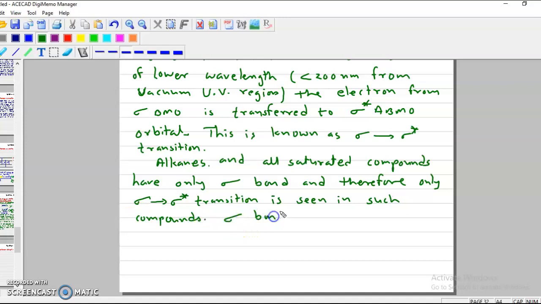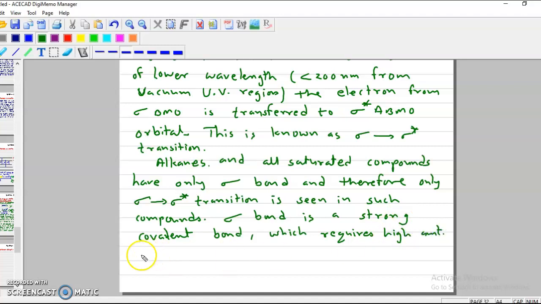A sigma bond is a strong covalent bond, which requires a high amount of energy for excitation.